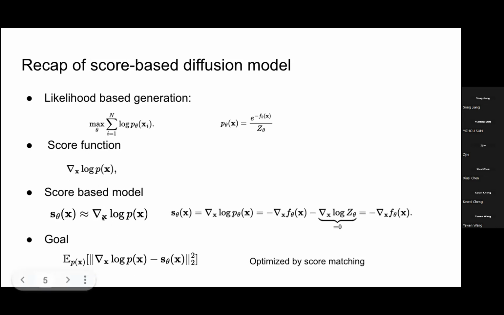This model is used to model or capture the gradient of the log marginal probability, and this gradient is over the data itself, X. If we bring the neural network we use here into this score function, we can reduce the model to just taking a gradient over X of the original neural network we have.